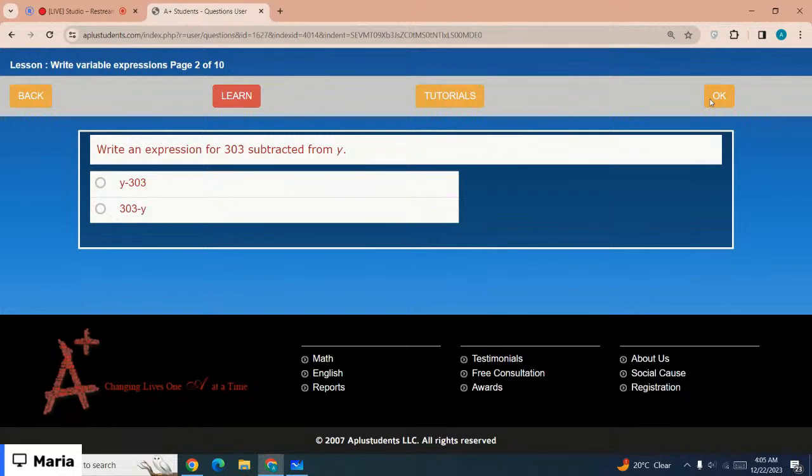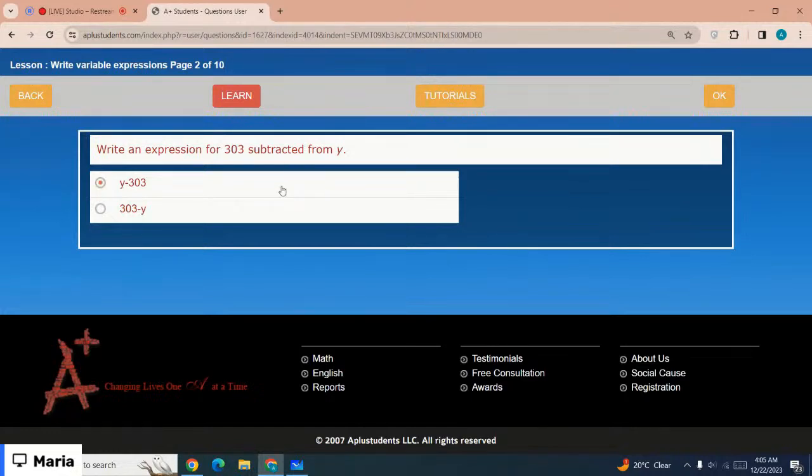Subtraction, you are given the word subtracted here, right? 303 from y, so that would be y minus 303. You need to subtract 303 from y, so that would be y minus 303. You do not need to subtract y from 303. Option number 1 is the correct option. That would be y minus 303.